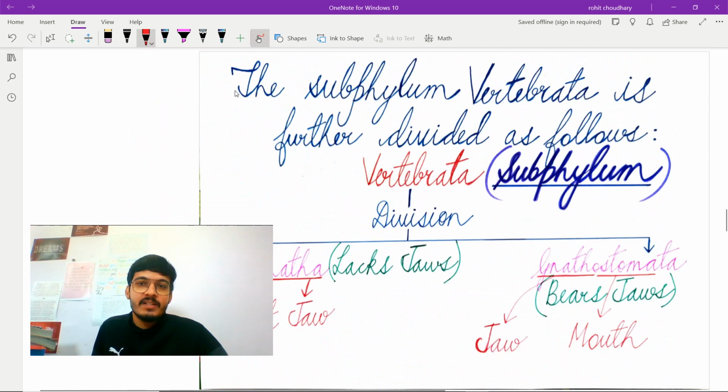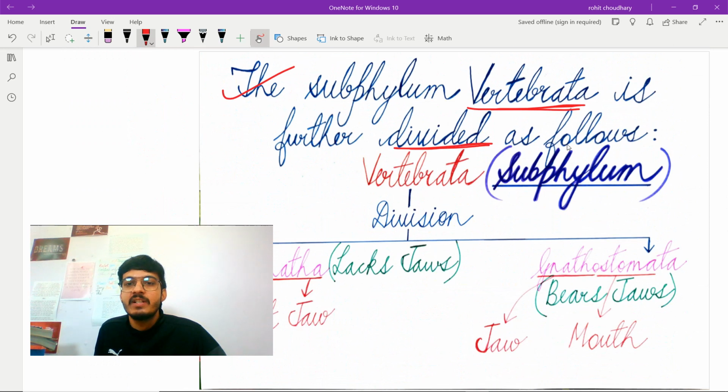Then comes the subphylum Vertebrata. The subphylum Vertebrata is further divided as follows. Actually, it is very easy to remember all this when you draw flowcharts. When you do things systematically and in a proper way, nothing is difficult.